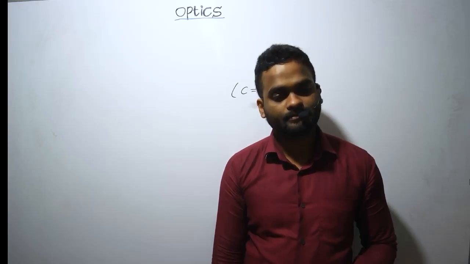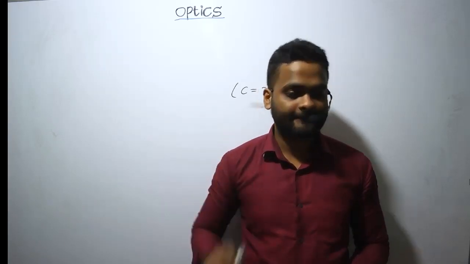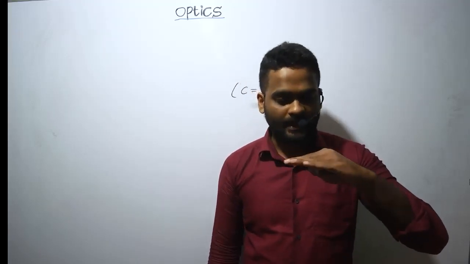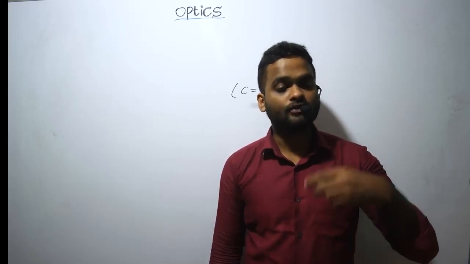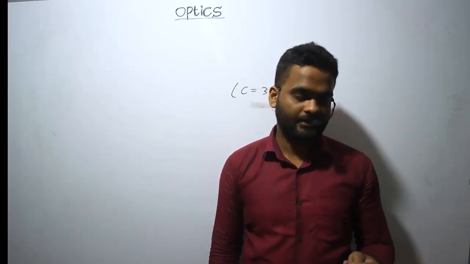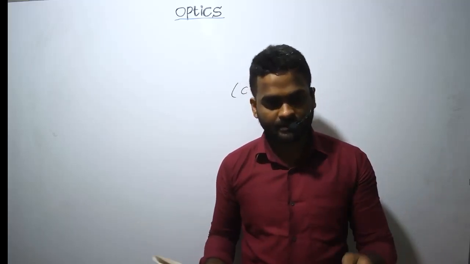Okay, any medium relative to a vacuum is dense. So you know, in any other mediums, the light speed is less, right? So those are called dense mediums. If the light speed is higher, those are called rare mediums relative to other mediums, right?